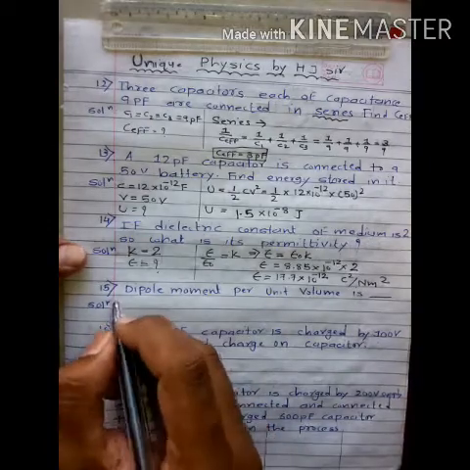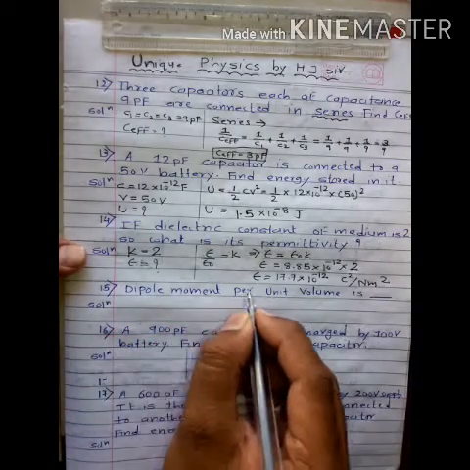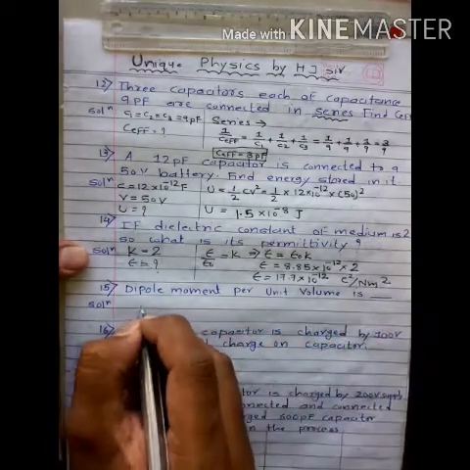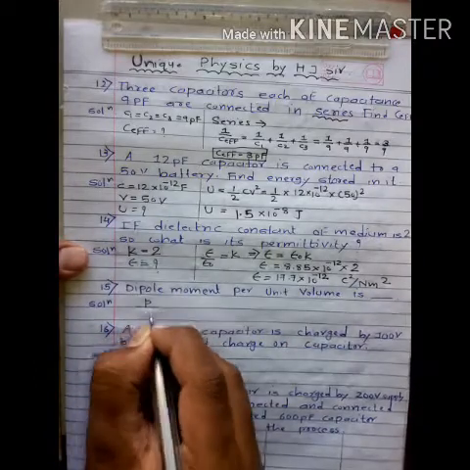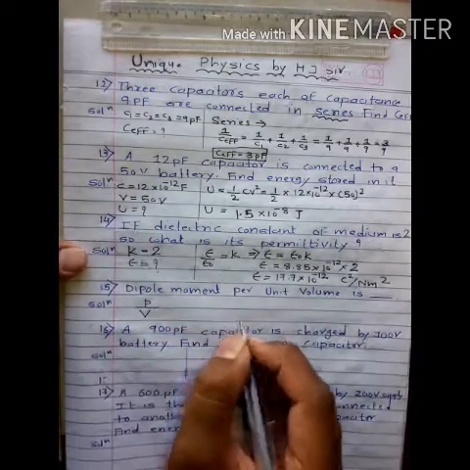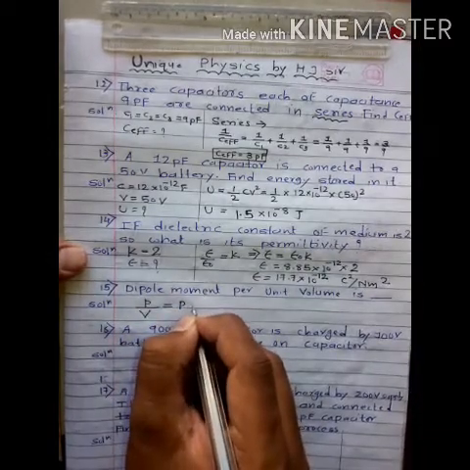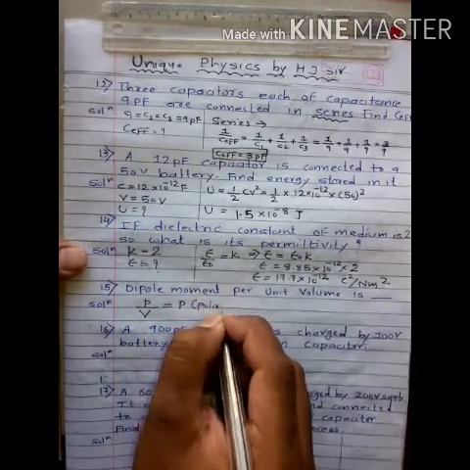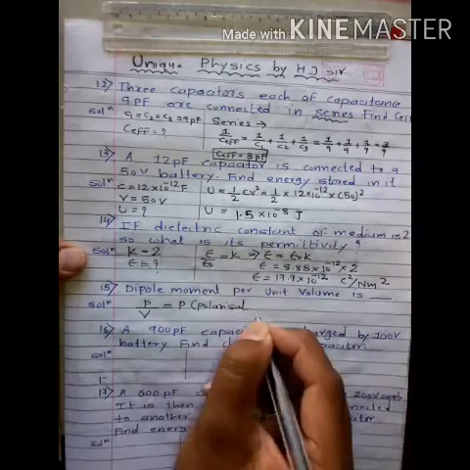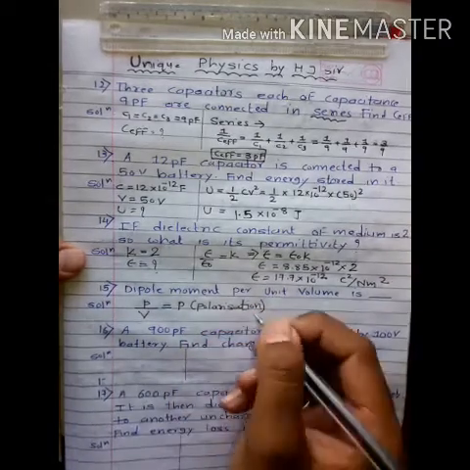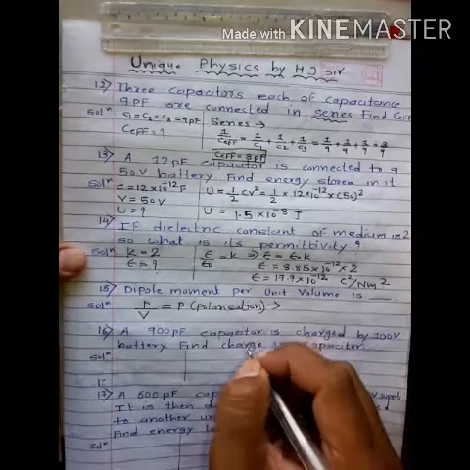Okay. Next MCQ. Dipole moment per unit volume is blank. Dipole moment is small p divided by volume. This is nothing but capital P. Capital P is known as polarization. This is an important quantity of this chapter. Remember its unit also.